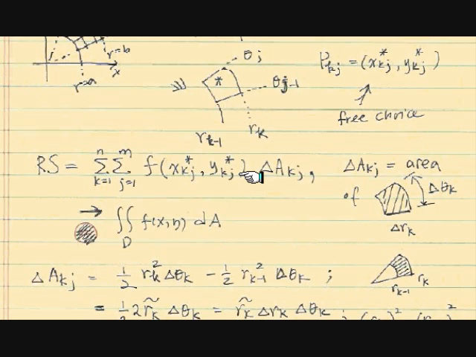That's going to be the height, which could be a negative number, and multiply by the area of the base. If you sum all of them up, that's going to approach this double integral, if that double integral exists. However you chop it up and whatever point you choose, it goes to the same number that is denoted by this double integral symbol.